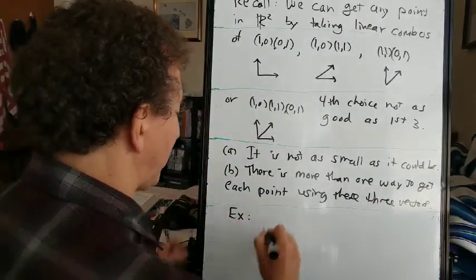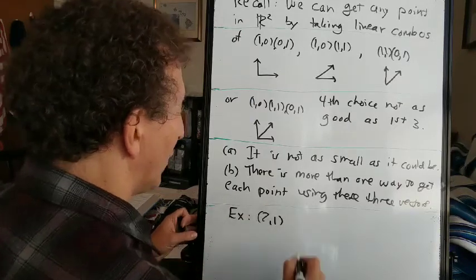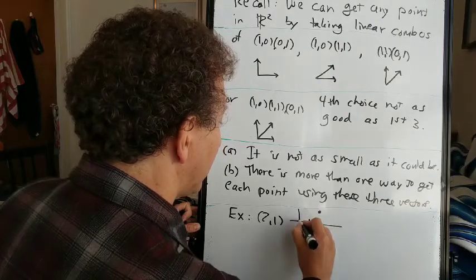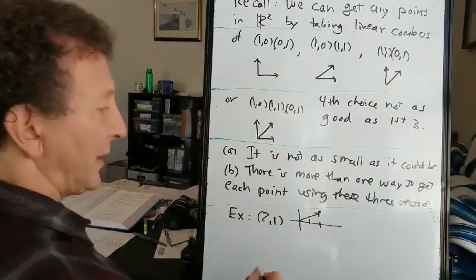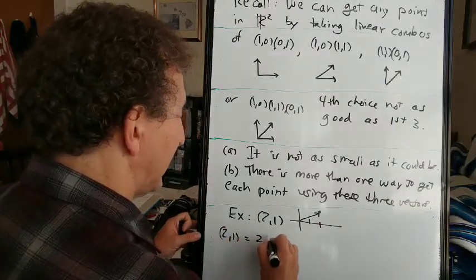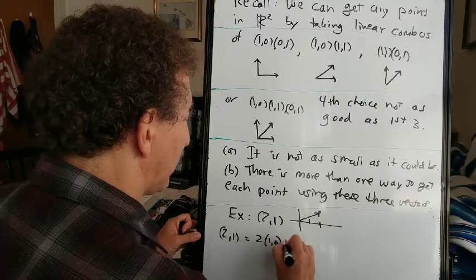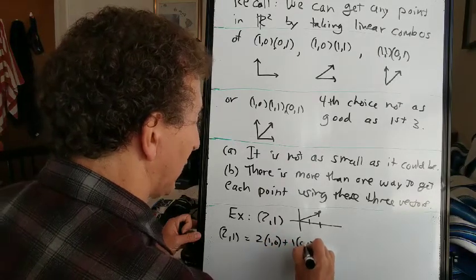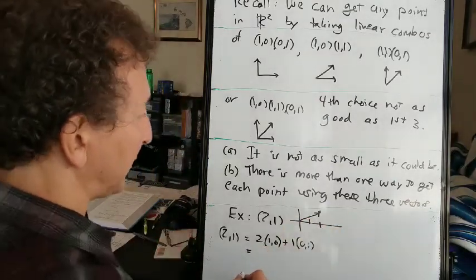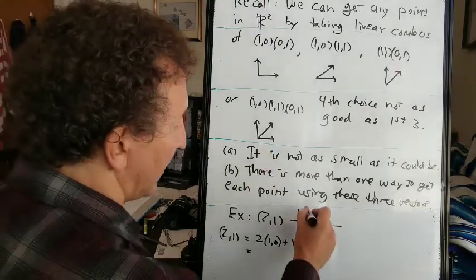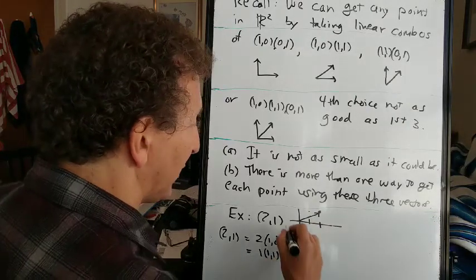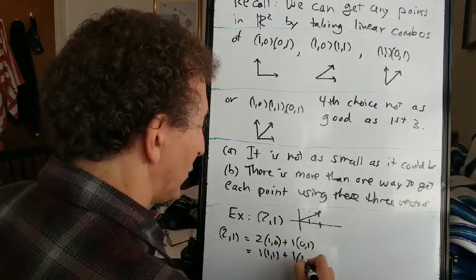So for example, if we look at the point (2, 1), we can get there by going, let's see, (2, 1) equals, well, obviously 2 times (1, 0) plus 1 times (0, 1). 2 over, 1 up. It also equals, we could go up to (1, 1) and then over 1. So it equals 1 times (1, 1) plus 1 times (1, 0).